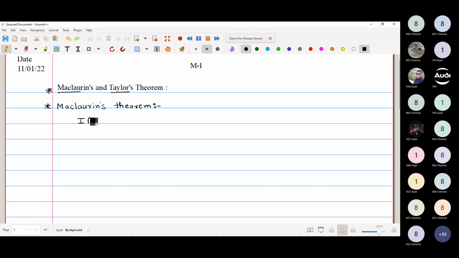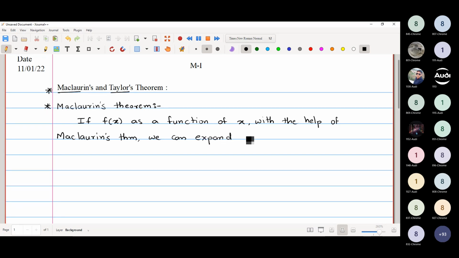So if we have f(x) as a function of x, with the help of Maclaurin's theorem, we can expand f(x) in ascending, means increasing, powers of x.